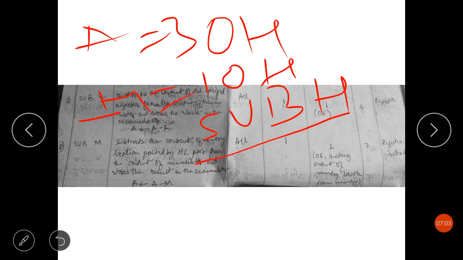So after execution of this instruction, what will happen? The content of H will get subtracted from the content of the accumulator, and the result will get stored in the accumulator. That is 30 minus 10, which is equal to 20H, and this 20H hexadecimal number will get stored in the accumulator.